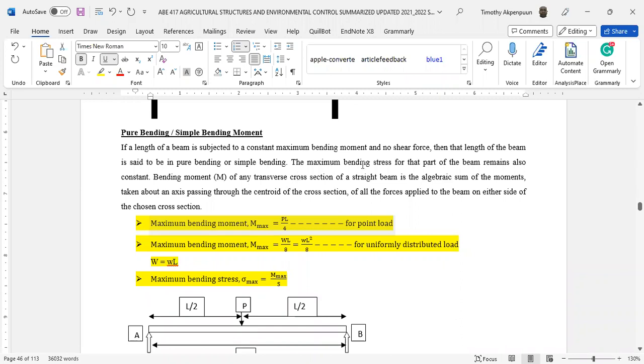The maximum bending stress for that part of the beam also remains constant. Take note of these two terms: maximum bending stress and allowable bending stress.